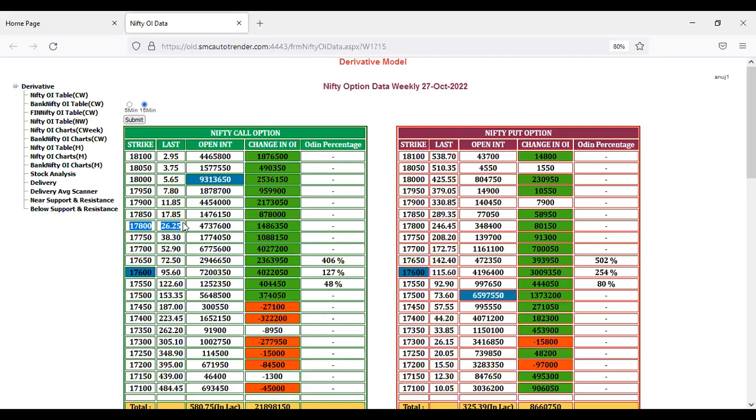So from his perspective, all the things will be judged, not from the perspective of the option buyer. So this is the first thing we need to understand while analyzing the market through option analysis. Okay, so the first thing is that the person who is taking the risk, which in our case or in any case is the seller, so all the things will be seen from the perspective of the seller.